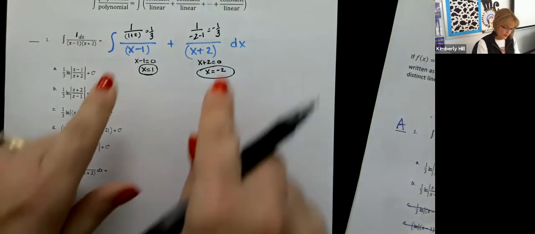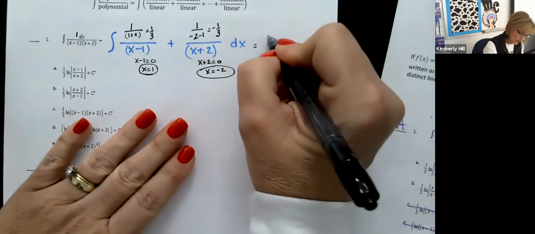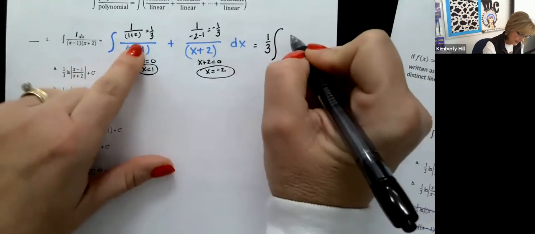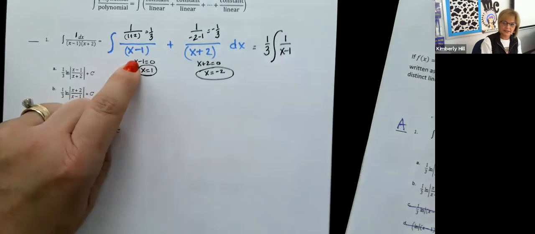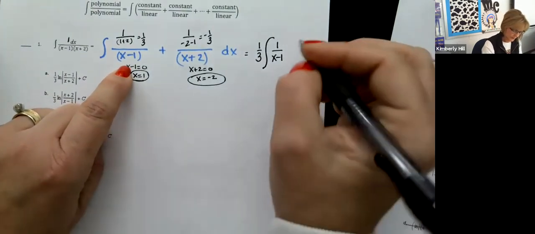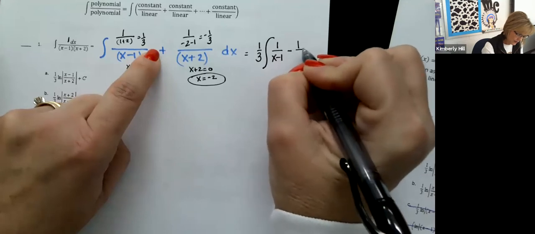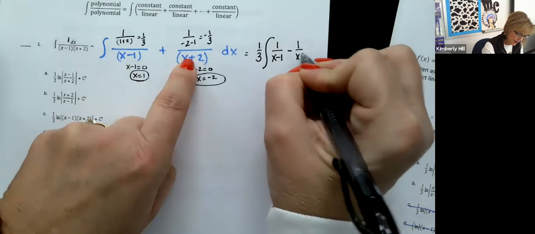Now, if you notice, we have a 1/3 in common. So I'm going to bring my 1/3 out in front just so I don't have to deal with it. And that would leave 1 over x minus 1. That's easy to integrate. Minus 1, since that's negative, it becomes minus over x plus 2.